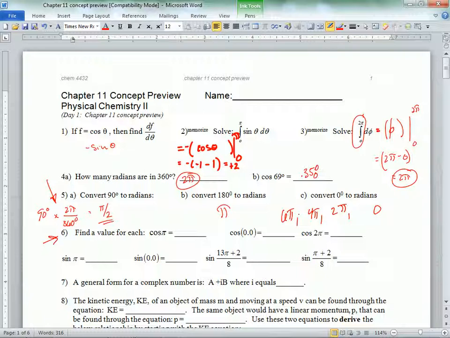So find a value for each. The cosine of pi is -1. You can always do it on your calculator, but if you do it on your calculator, you've got to switch to radians, right? So make sure you know how to do that. On these, I have to go to mode 5 or something. I noticed that it says DEG up in the upper corner right now.